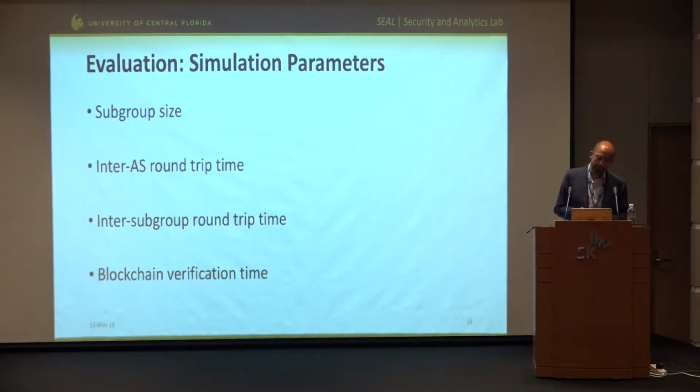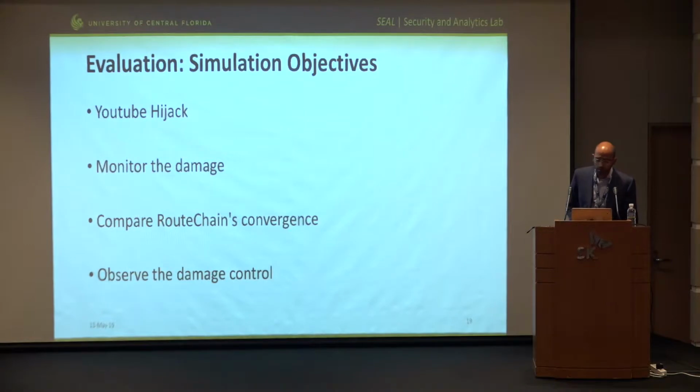Then we look into the inter-subgroup round-trip time as well, using very simple traceroute measurements for different ASs' IP addresses, and a blockchain verification time using typical digital signature verification. The evaluation objective is to understand, and we use a real example of the YouTube hijack and its time parameters.